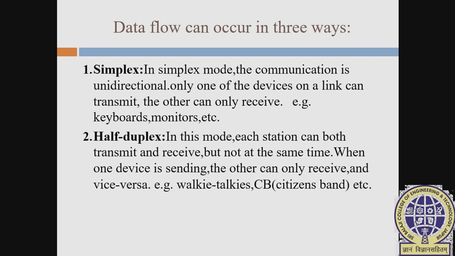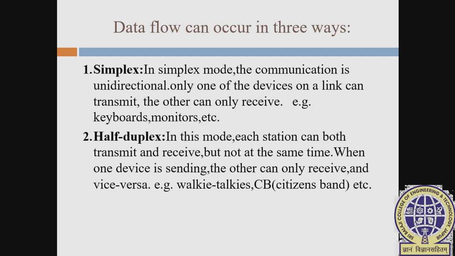Half duplex. In this mode, each station can both transmit and receive, but not at the same time. In half duplex, we can send, we can receive, but not at a single time. We can arrange time slots: at a time, send, then after we can receive, but not at the same time. When one device is sending, the other can only receive, and then vice versa.